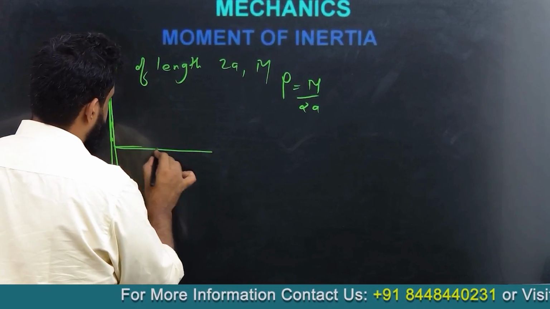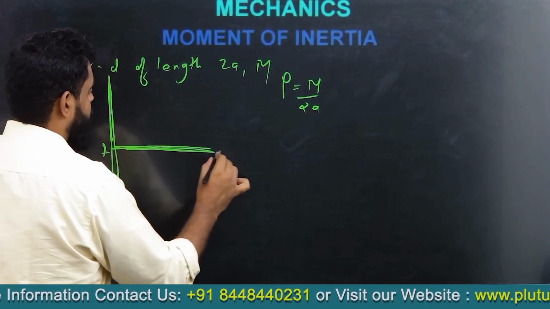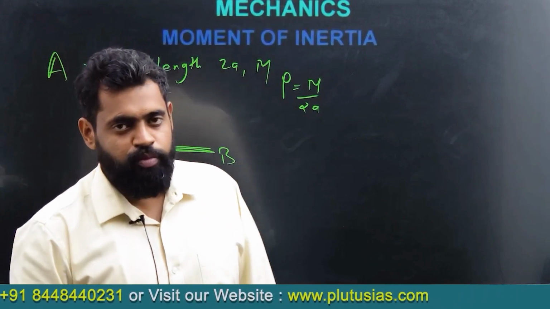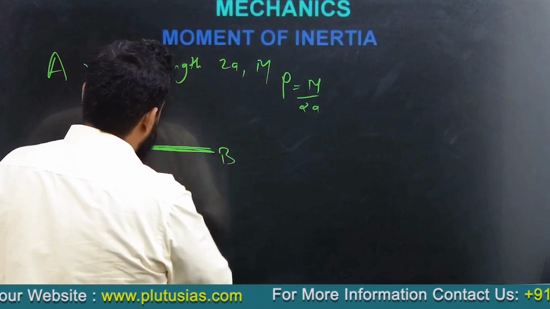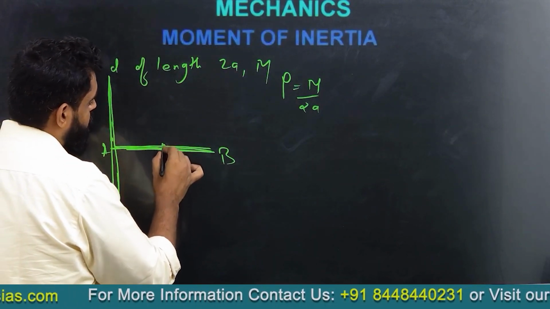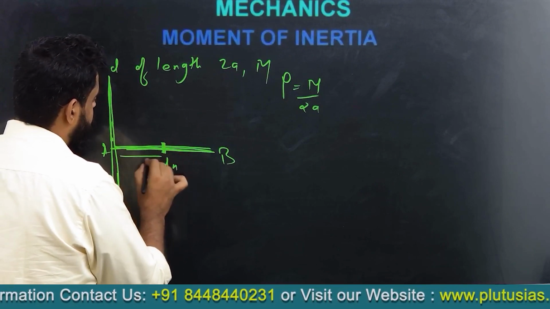Okay, suppose this is the rod and this is A, this is B, and we have to find the moment of inertia about any axis passing through any of the corner. Suppose we consider a small length dx at a distance x.